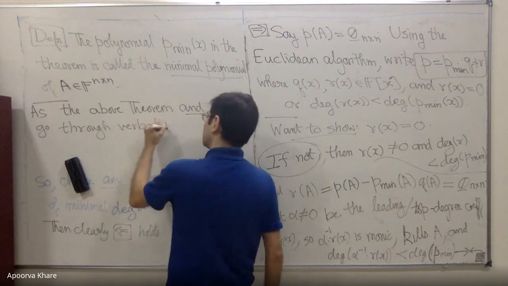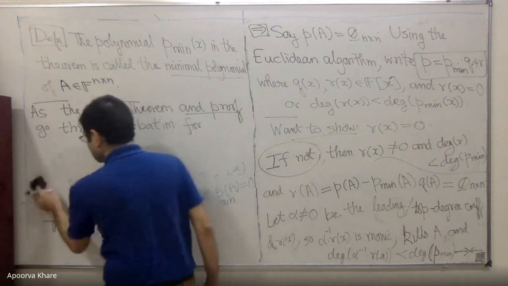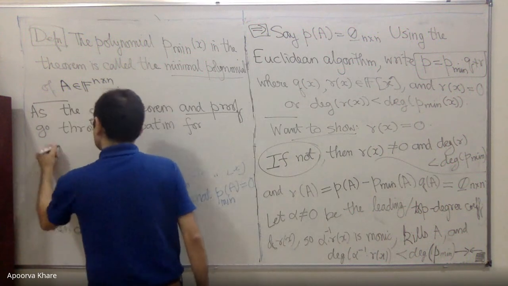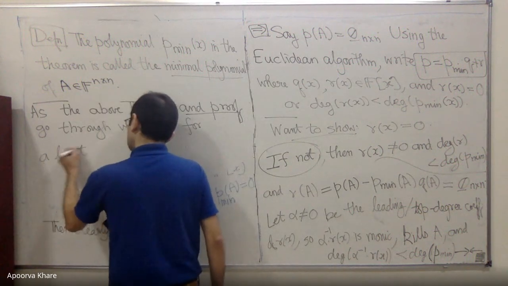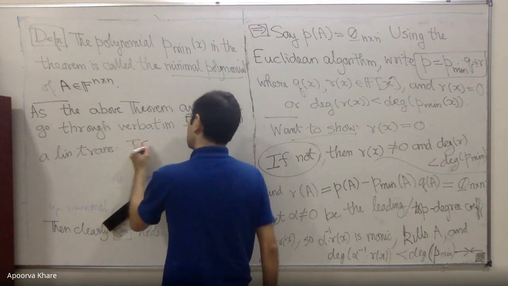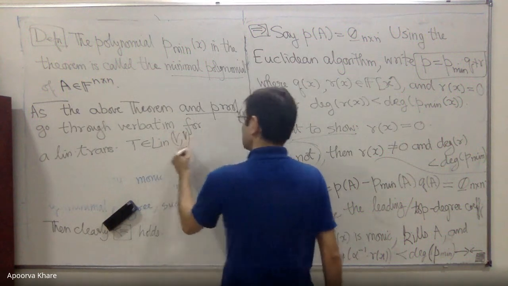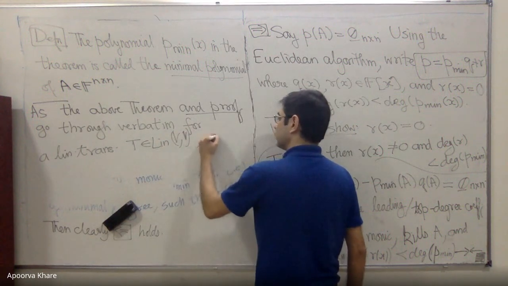Verbatim means word for word. For a linear transformation T without the choice of basis, T in Lin(V, V) with the dimension of V finite.